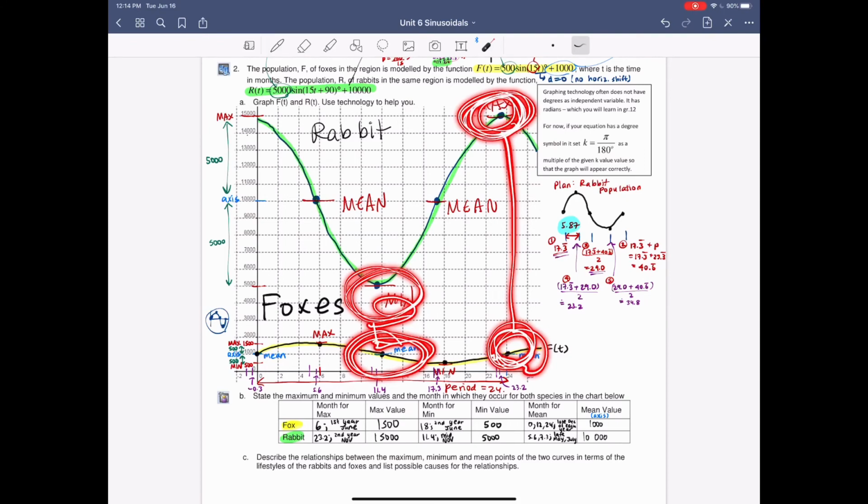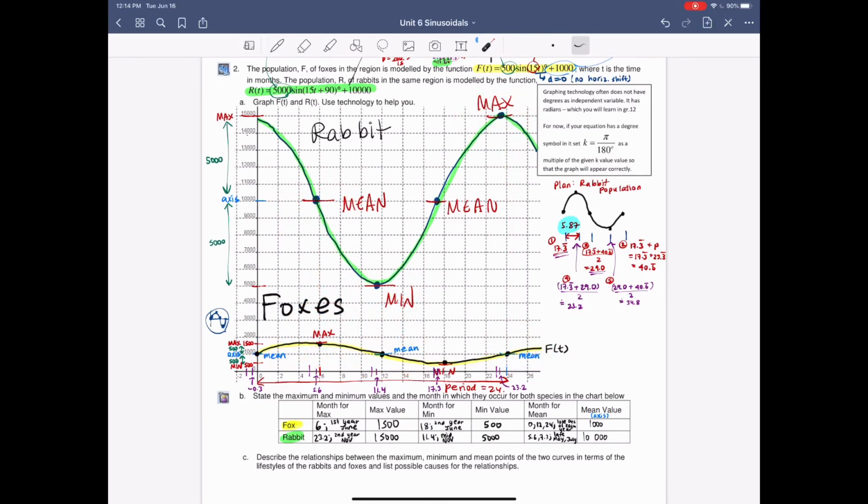Lastly, around the time that it's the mean population for the rabbit, it's the max population for the foxes. There does seem to be some kind of correlation and relationship between the two, because although the numbers are not dead on, there is some kind of pattern of how the values are hitting either the max, min, or axis, so a significant point within the sinusoidal function.